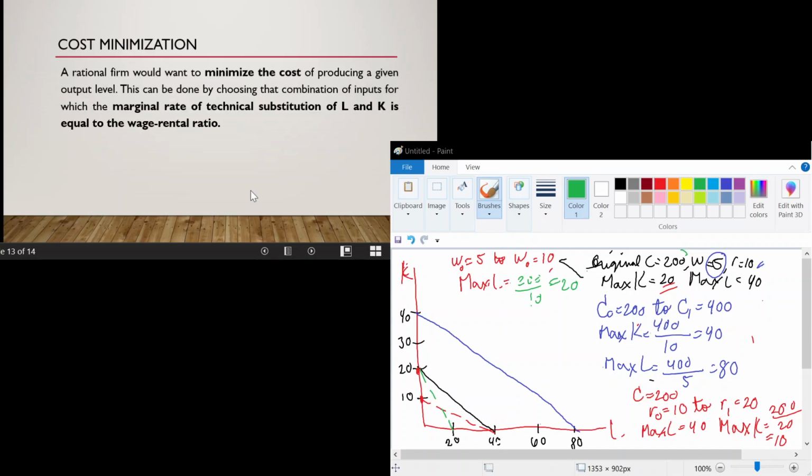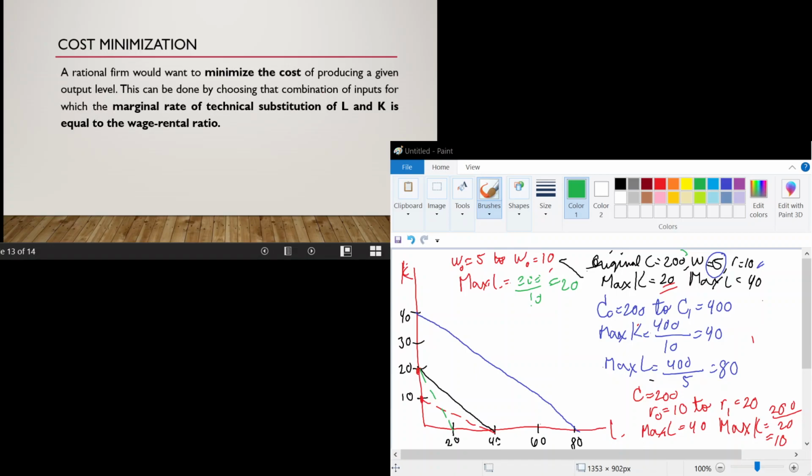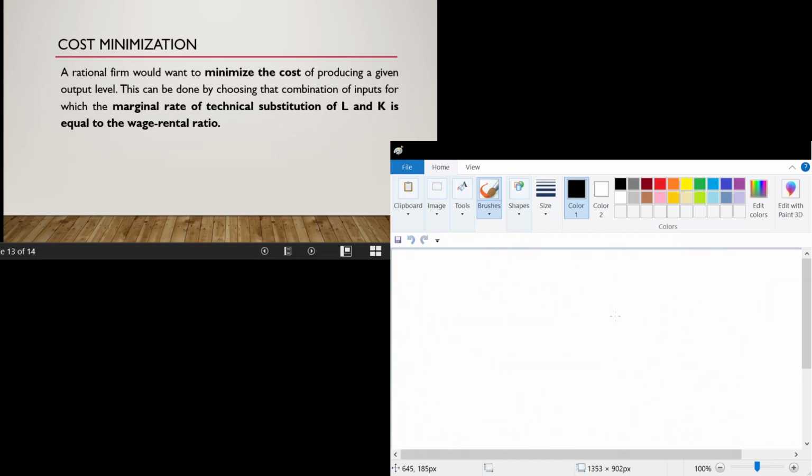So, paano ngayon yung cost minimization? So, a rational firm would want to minimize the cost of producing a given output level, and this can be done by choosing that combination of inputs for which the marginal rate of technical substitution of L and K is equal to the wage and rental ratio. So, yung cost minimization natin can be represented by a graph. So, ganito siya.